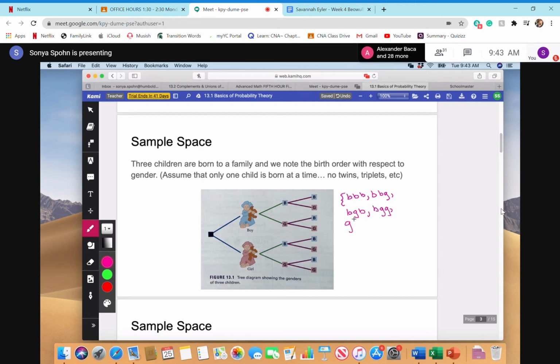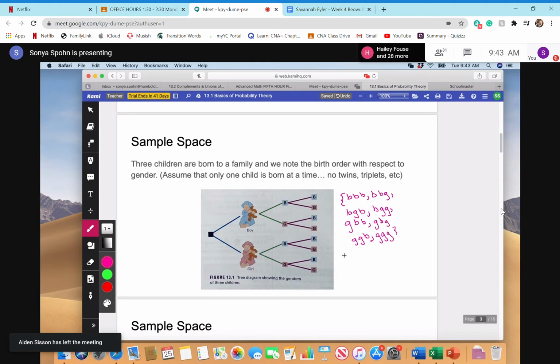Then it would be girl, boy, boy, girl, boy, girl, and girl, girl, boy, and then all girls. So this whole thing is the sample space, and each one of these inside is an outcome. That's really the difference. They're almost like the same thing. A bunch of outcomes makes the sample space.